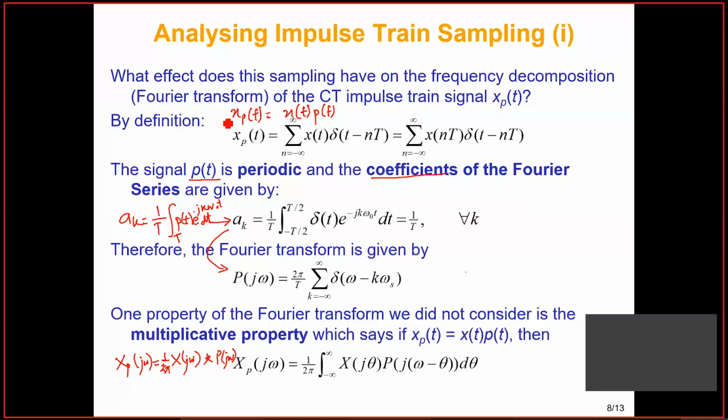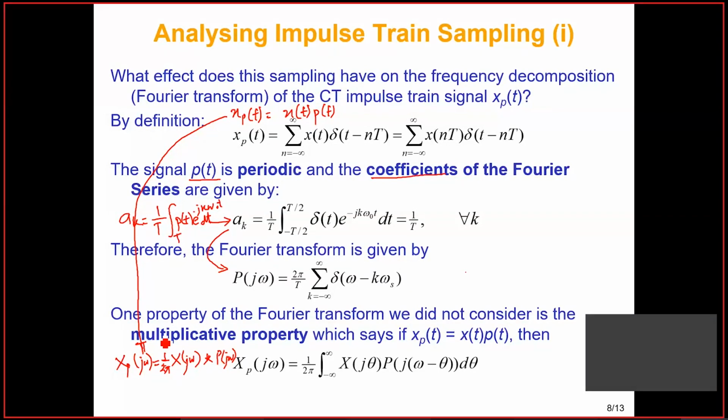And if you take the Fourier transform of this thing, take your Fourier transform on both sides, X_p(jω) would be the Fourier transform of this, Fourier transform of this, and circular convolution, which is 1 over 2π times convolution.